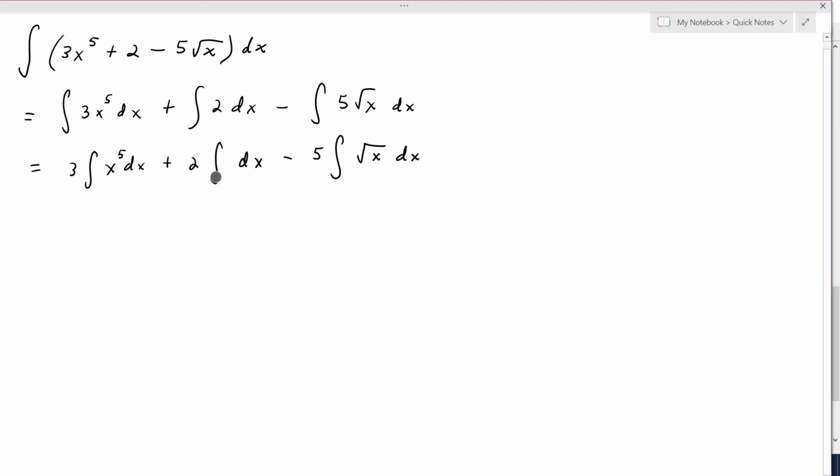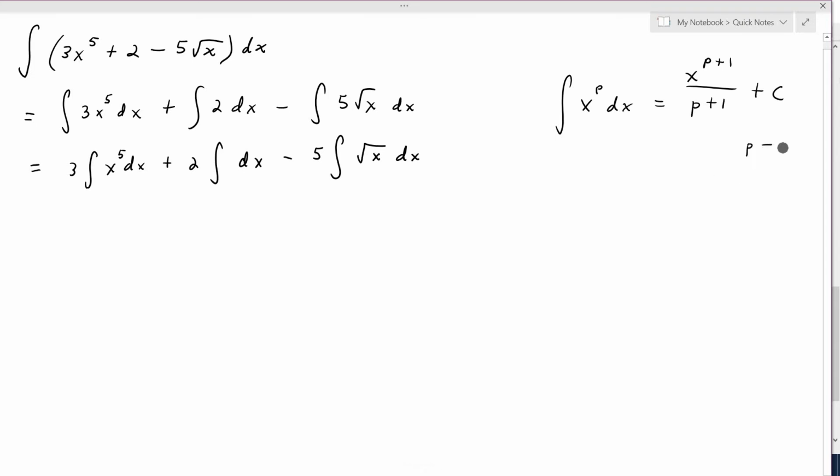Okay, now let's just go through and find the antiderivative of these 3 different functions. Okay, so here we have x to the 5th power. And so the power rule tells us that anytime we have x to the p power, the antiderivative of that is x to the p plus 1 power divided by p plus 1 plus some arbitrary constant.